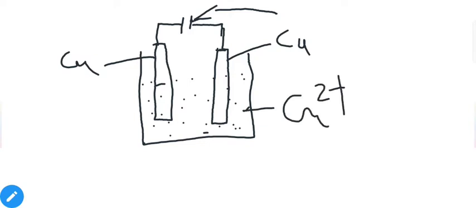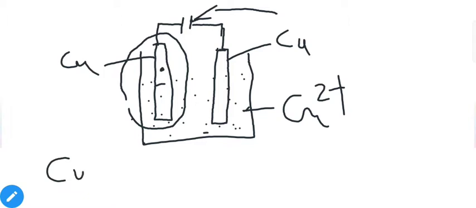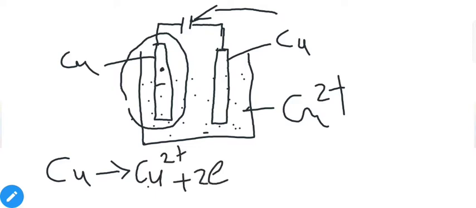As mentioned earlier, the anode will be on the left-hand side and the cathode on the right-hand side. The left-hand electrode gives an oxidation reaction. This solid copper metal will dissolve in the solution: Cu solid gives Cu2+ ions and releases 2 electrons.